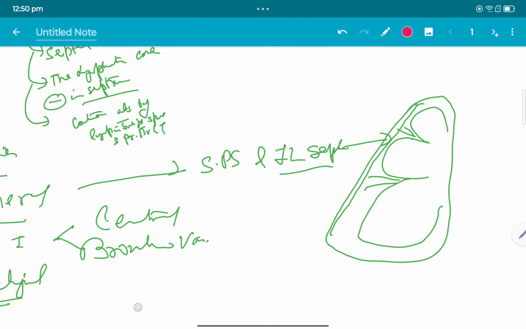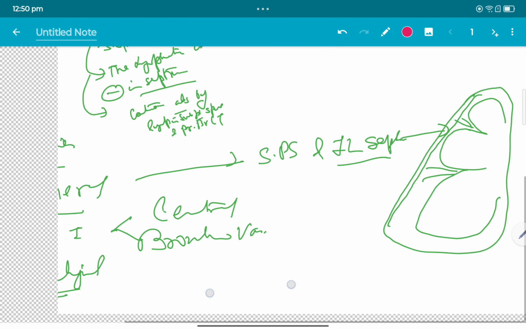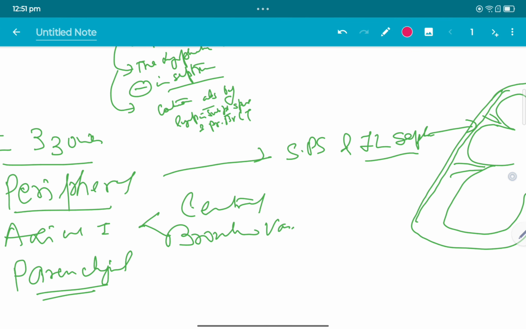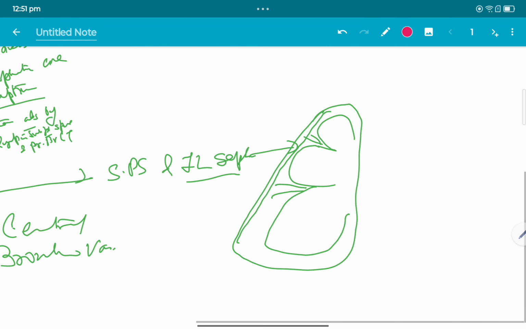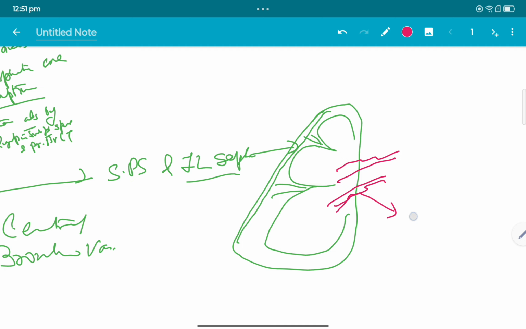Second is the central or bronchovascular, which comes under axial. This is the peribronchial bronchovascular interstitium, so this is axial interstitium, peribronchial and central.